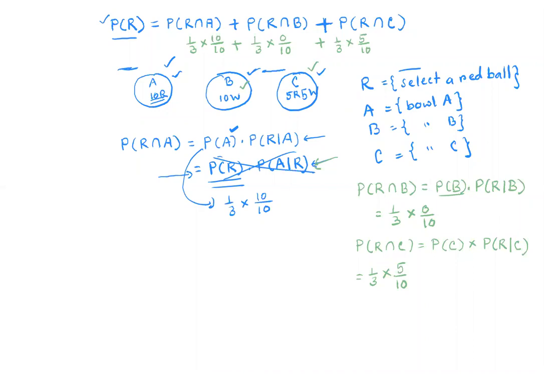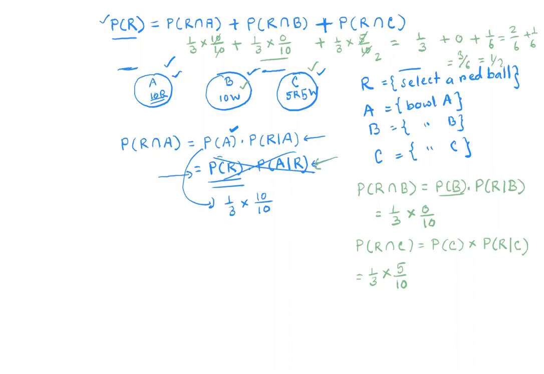If you add these numbers, the first number is 1/3, because 10 and 10 cancel out. The second number is going to be 0. And the third number is 1/3 times 1/2, which is 1/6. If you add these numbers, it's going to be 2/6 plus 1/6, which is 3/6, which is 1/2.